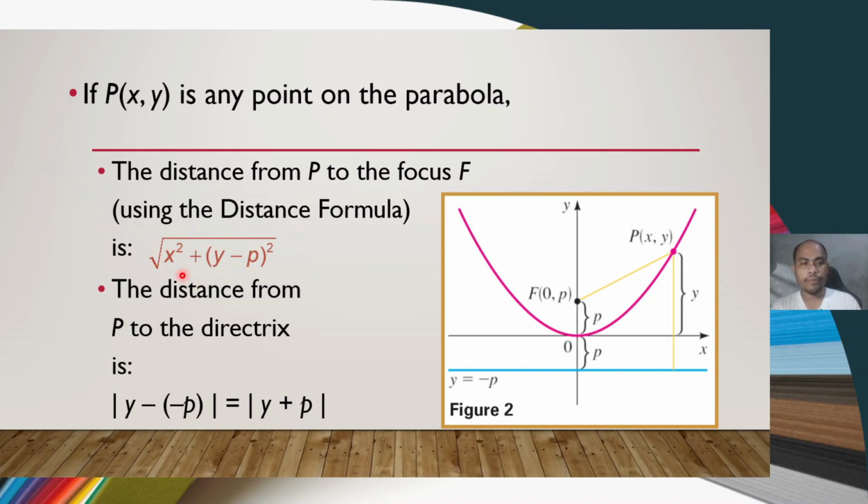So, from our formula, we're gonna substitute all the needed information here. So, we have absolute value of y minus p. The value of p here is negative because we're gonna measure the parabola from the vertex going to the directrix here.